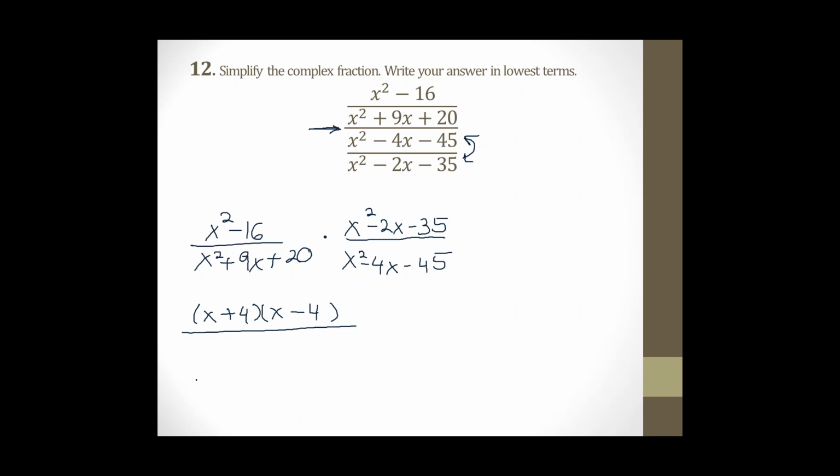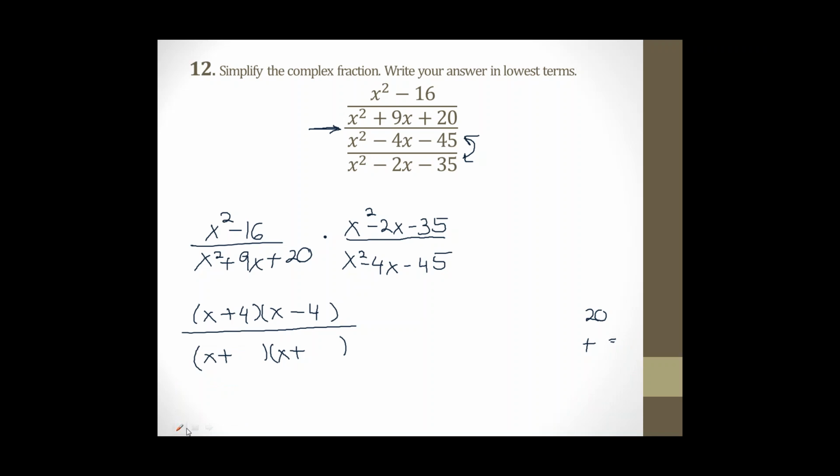The second one, trinomial. So square rooting the first term, bringing down the sign, multiplying the signs together, and finding the factors of 20 that will add to give me, oops, not 20, to give me 9, of course.